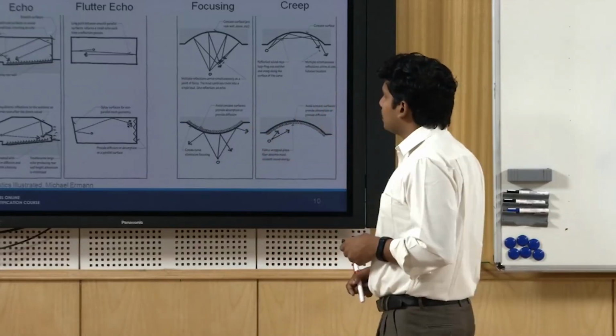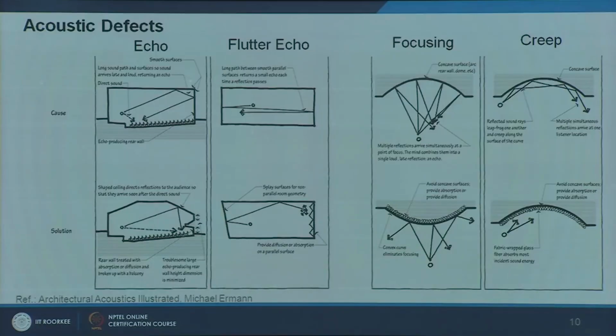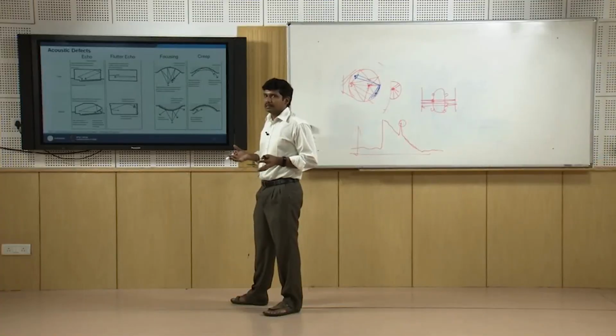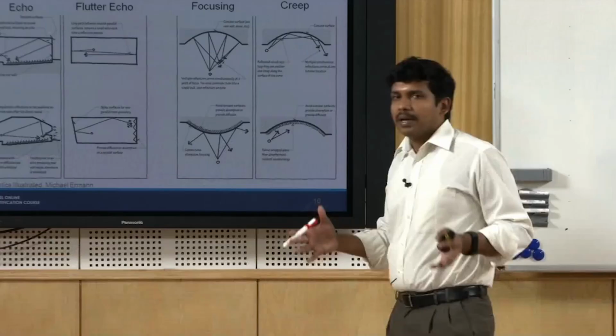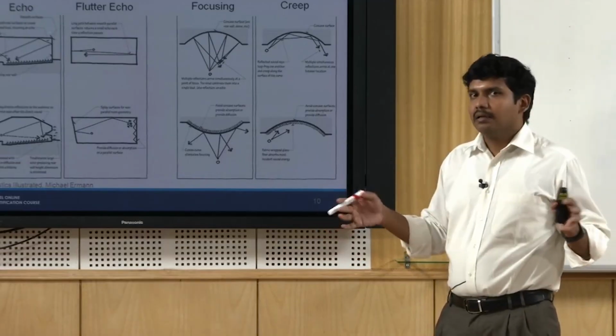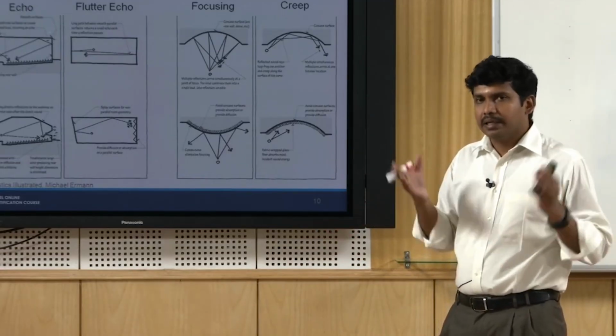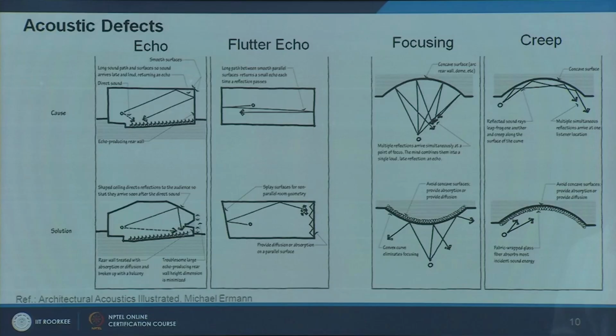As far as acoustic focusing is concerned, the best way is to avoid a circular shape or concave shapes. Concave shapes are dangerous, both in plan form as well as a dome ceiling; both are concave shapes which will lead to very sharp focusing, so they have to be avoided.